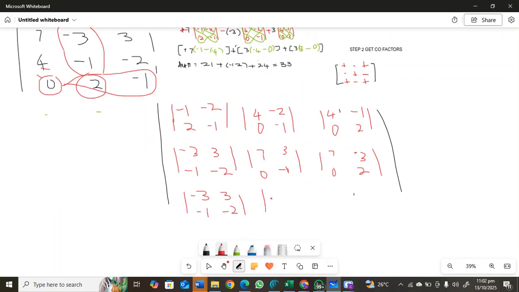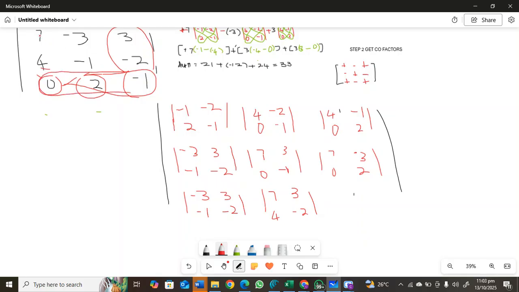Seven, 3, 4, negative 2. Then our final number in the bottom row, so this negative 1 here, get rid of these on the top, and also these here.